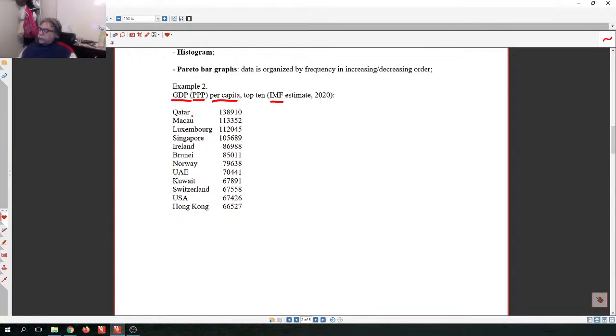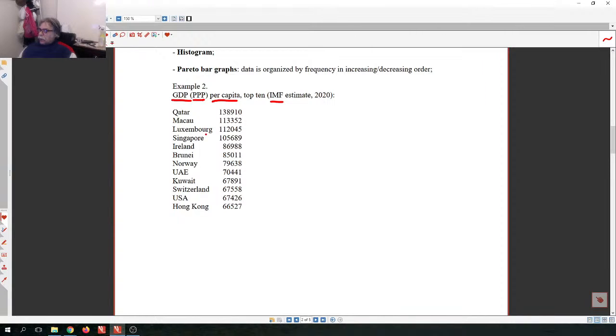So we see that Qatar, this is a small, oil-rich country in the Persian Gulf, has $138,910 GDP per capita, significantly more than the United States, for example. Macau, that's a little gambling city in the coastal area of China.